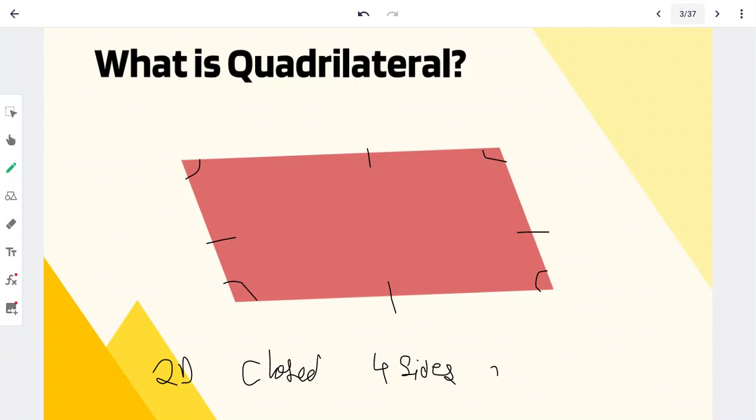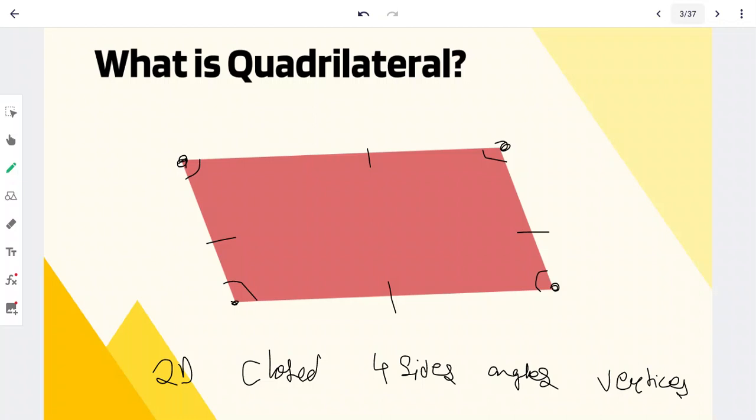It has four angles also. What about vertices? One, two, three, four. It has four vertices. So with this, can you make a definition for quadrilateral? A quadrilateral is nothing but a closed polygon which is made up of four sides, four angles, and four vertices.